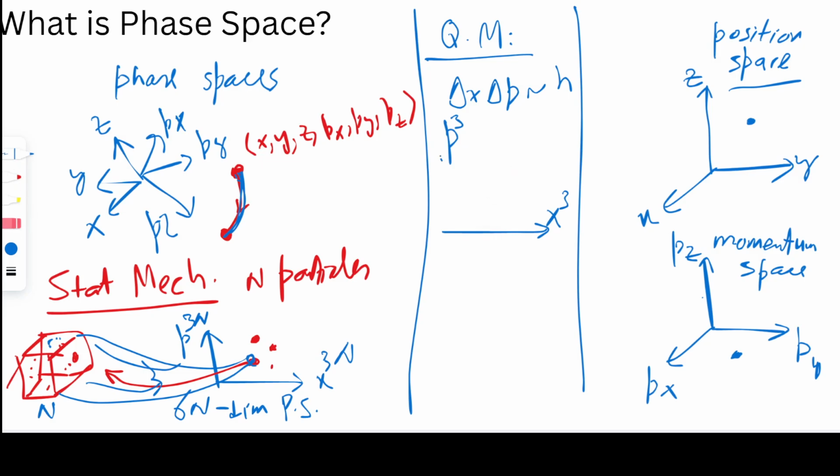So for example, I can try to have a dense point here and then a little bit less density here. So this is not like many points, it's like a single blob with a spread out function in this phase space. So this delta x and delta p sort of quantify the uncertainty in position and momentum.